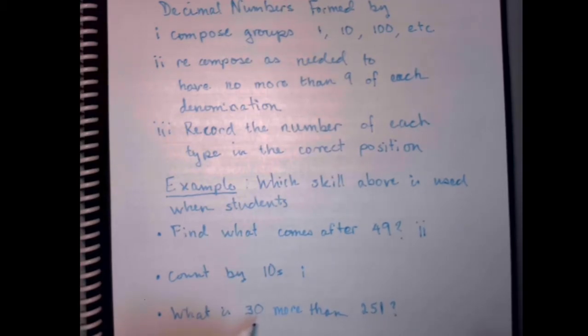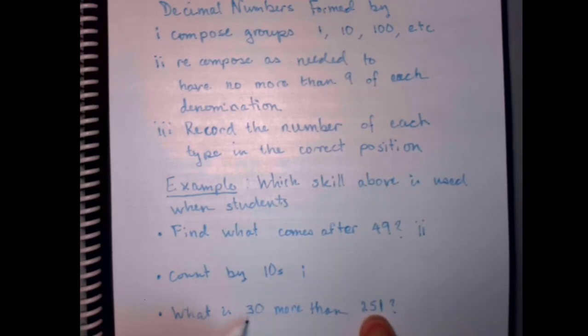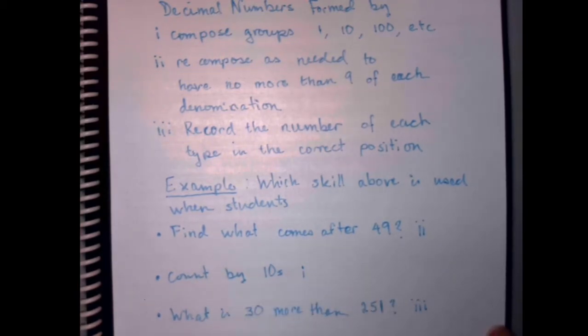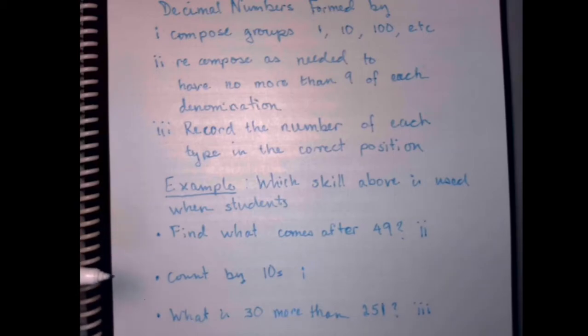Of course we know the answer is 281, but let's think about the skill being used here. The student has to realize that's 3 tens, and then add that to this middle number. So we would have 8 tens, so it would be 281. So this is using skill 3. It's not really an addition problem that the student is solving here. It's more of a place value problem.